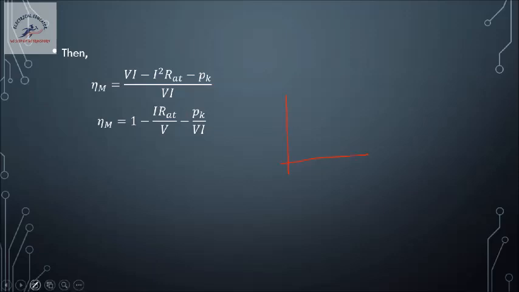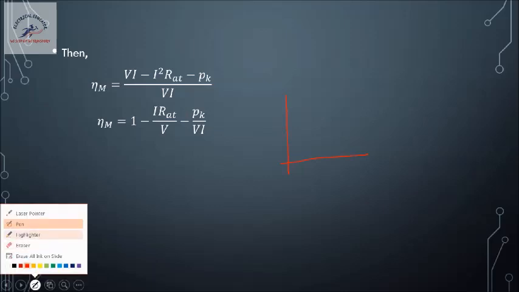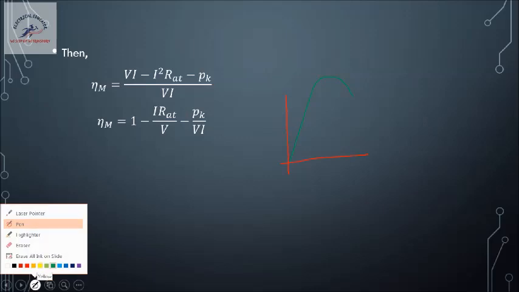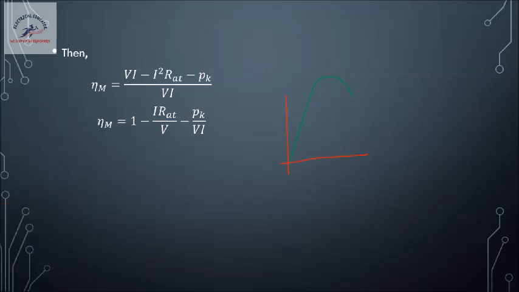If we plot efficiency versus load, then the shape of the curve we usually get is like this. Efficiency will increase with the load, at one point it will be maximum, and then it will once again decrease with the load.